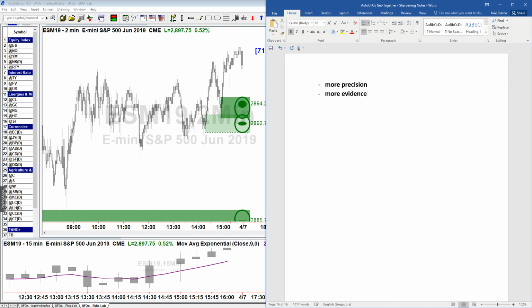When it comes to taking an intraday trade, how can I add a little extra evidence when I'm planning my trades? Instead of relying on something that is already good by itself, we add a little more evidence to make that good thing even better, because you add probabilities the more evidence you have, right? So how can we do things like that?